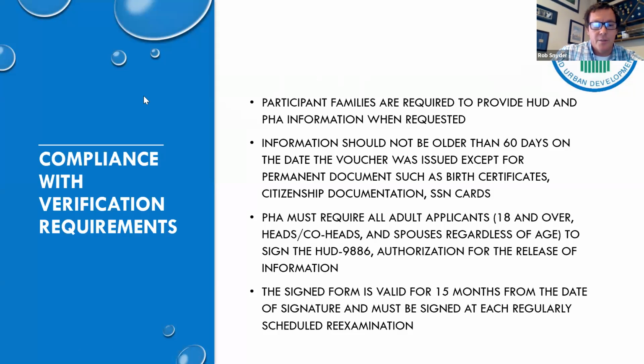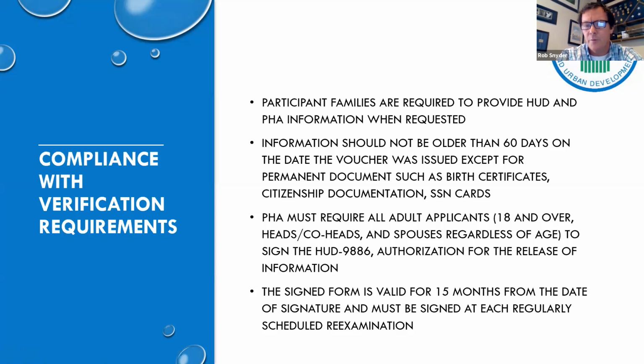Okay, some of the compliance pieces here that I talked about with the verification requirements. Families have to provide HUD that information when requested. It shouldn't take more than 60 days, but also shouldn't be older than 60 days.